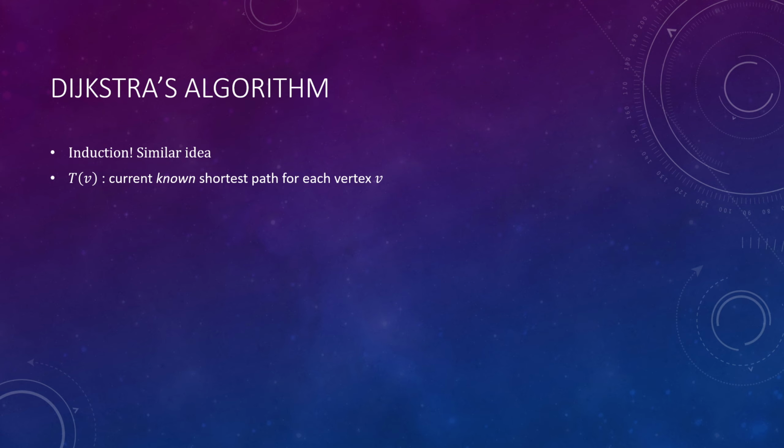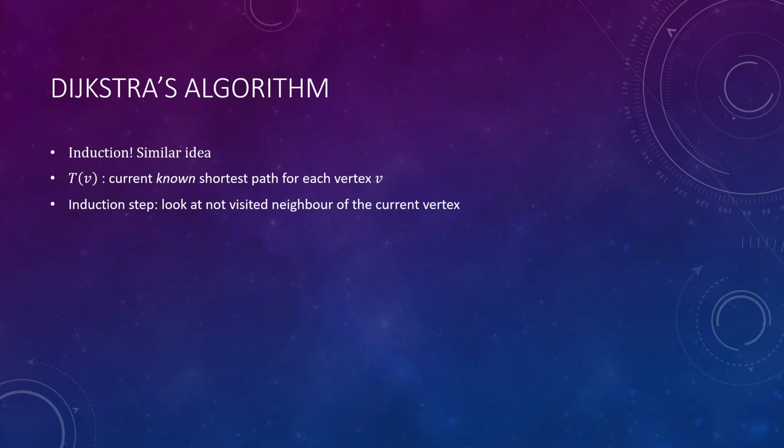Now, initially, for the source, it's going to be 0, of course, because the start is, there is no path. And for every other vertex, this initial T will be plus infinity, because we don't know any path yet.